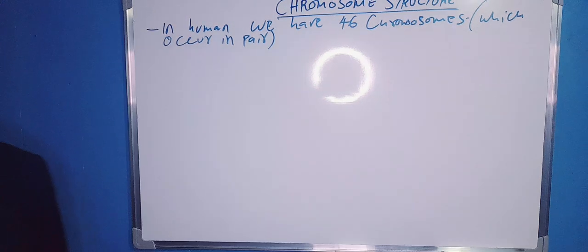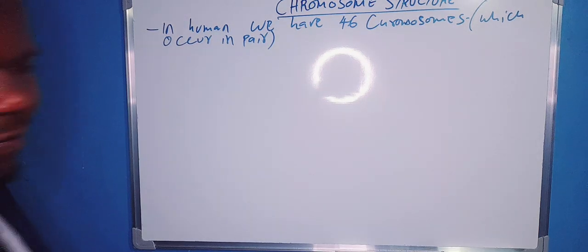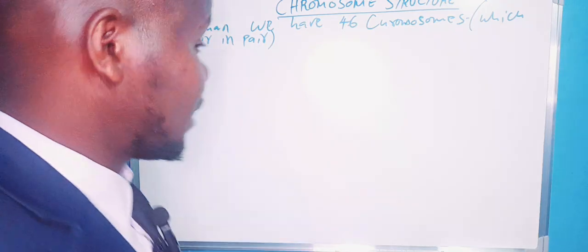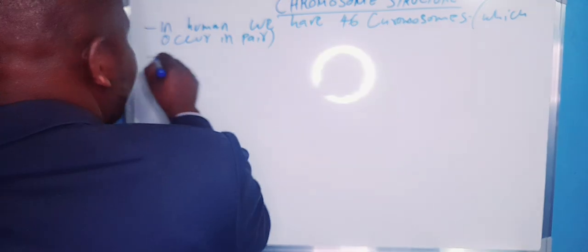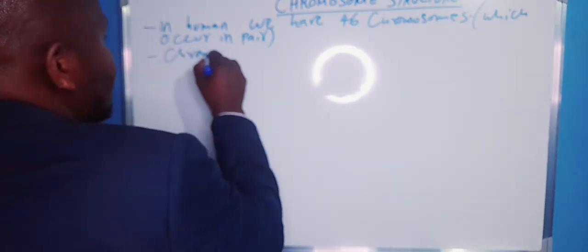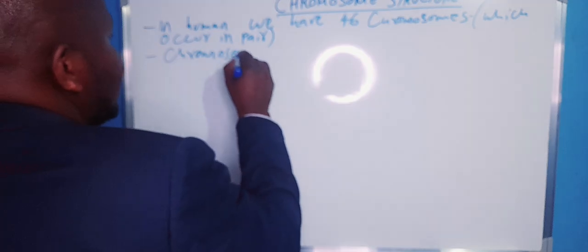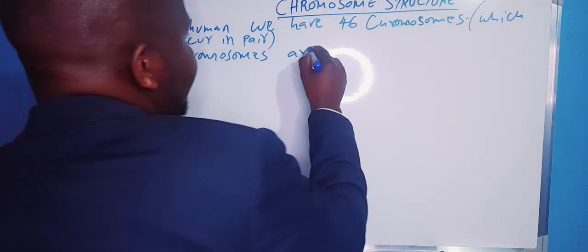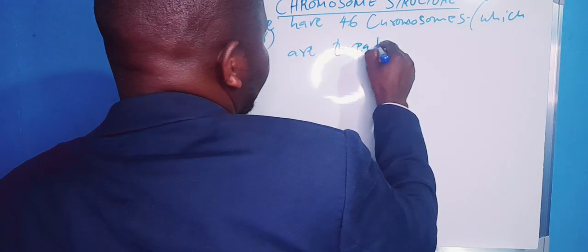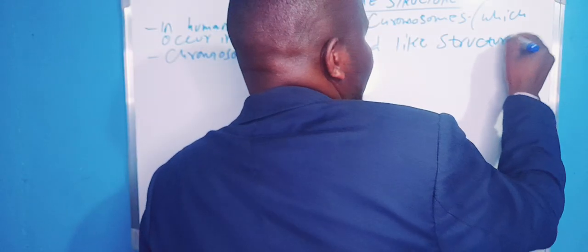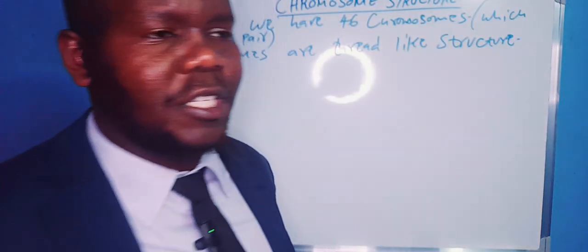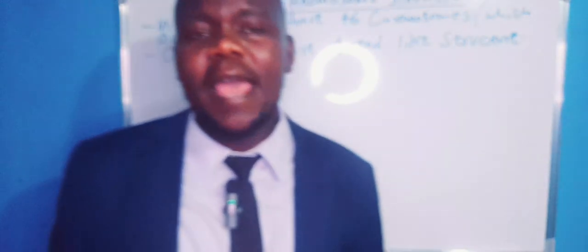Then what again you should understand is how the structure of a chromosome looks like. It's just thread-like. Chromosomes are what? Thread-like structures, especially during the initial time, because we will be speaking about the chromatid.